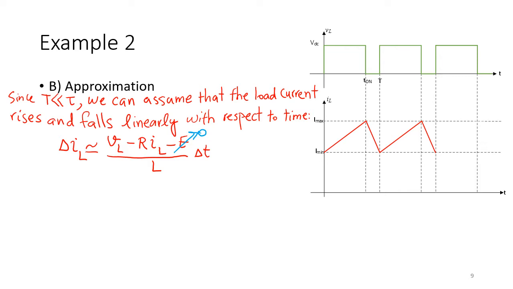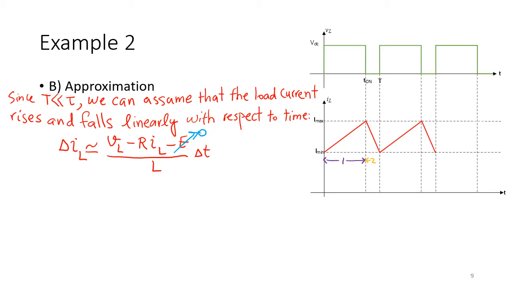You can use it for both time intervals of off and on time. What does that mean? You can use it once in this interval, or you can use it in this interval. Both of them will give you the answer. Why is E 0? Because we didn't have any EMF or back EMF in the load.